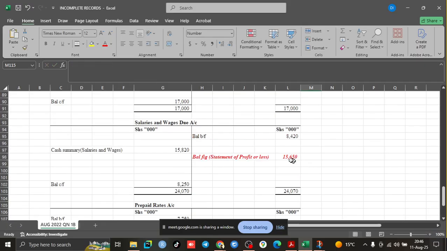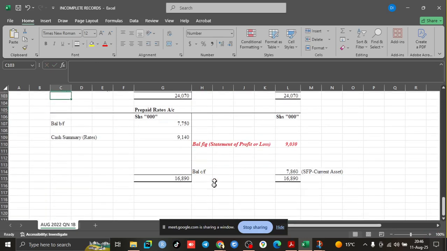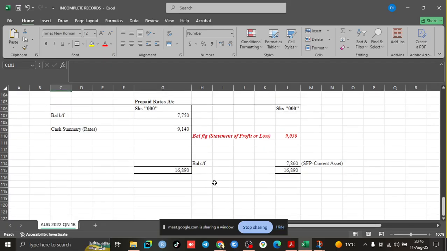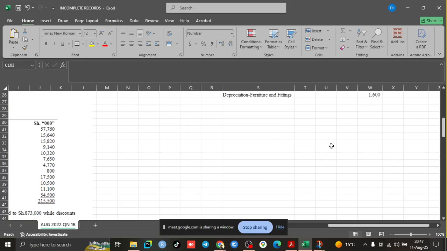Then salaries and wages due carry forward itaenda as well kwa SFP as a current liability. Okay, haya. So what is left now, 9030 ndio our rates.